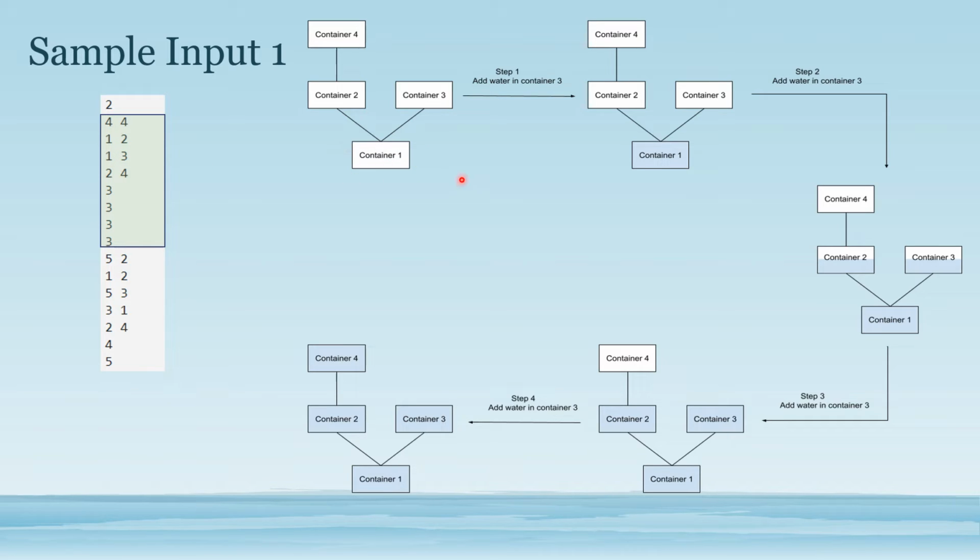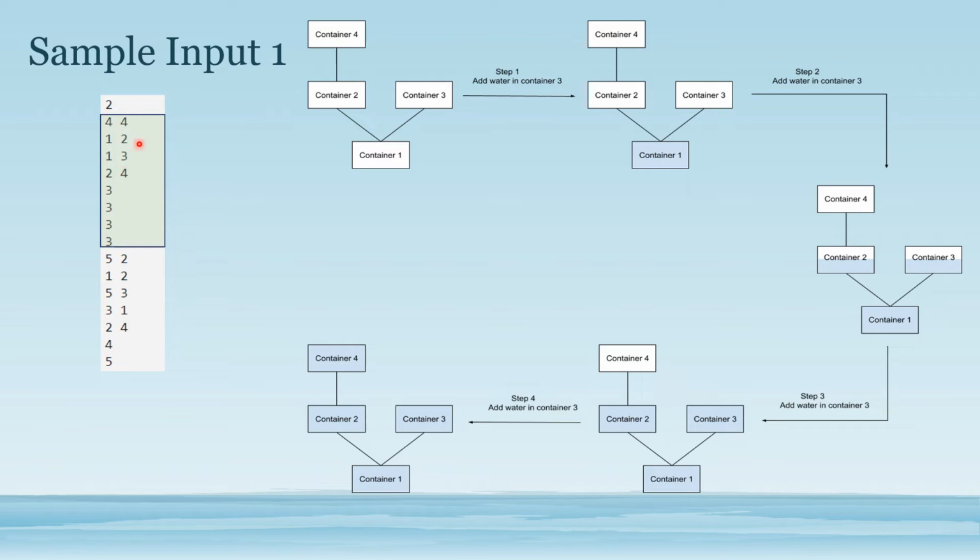Always remember there is only one container at the bottom, and it is connected to the top containers, and this container is container 1. So one is connected to 2 and one is connected to 3, and 2 is connected to 4. Okay, this is the diagram.